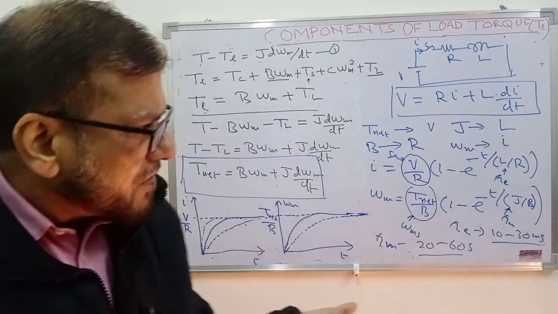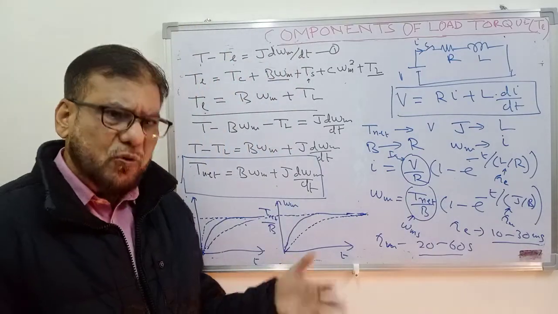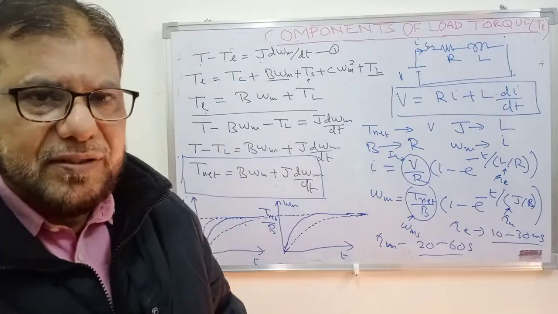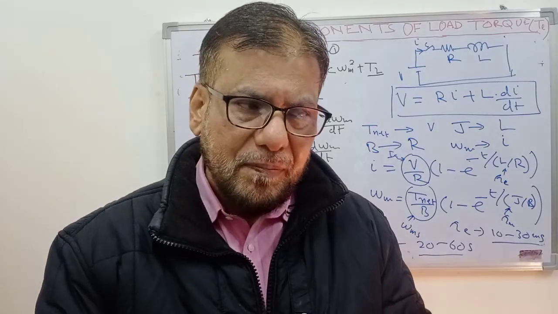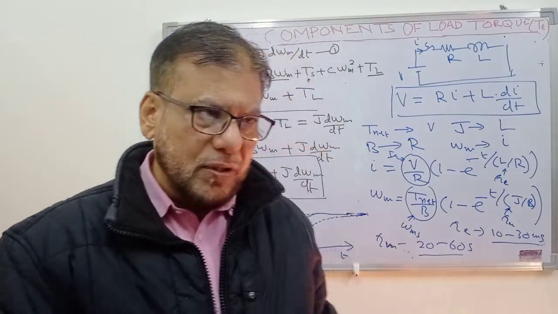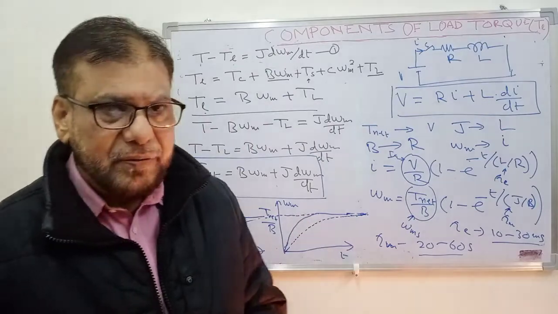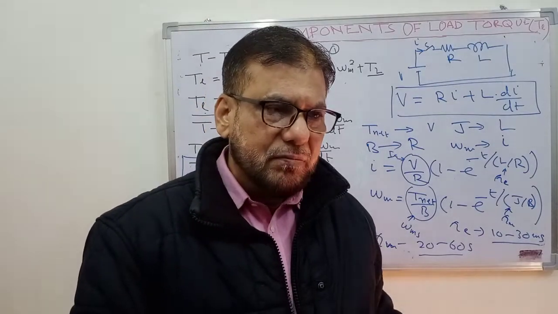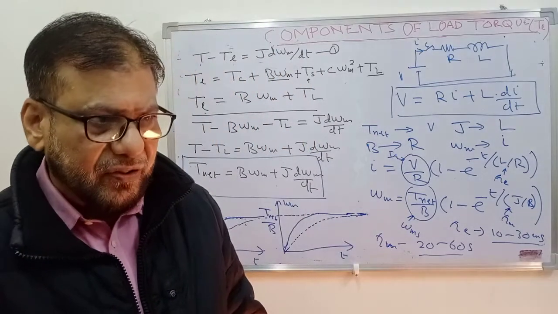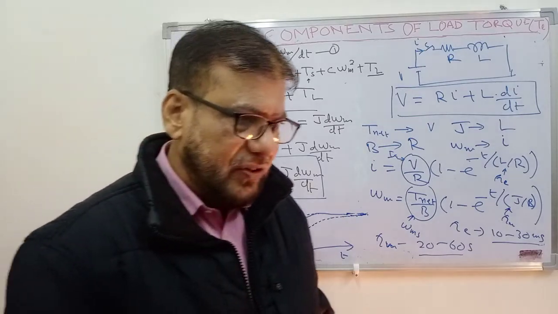Later on, we shall study one more time constant that we call the thermal time constant. When we start a motor and put a load on the motor, it has certain losses, iron losses and copper losses.